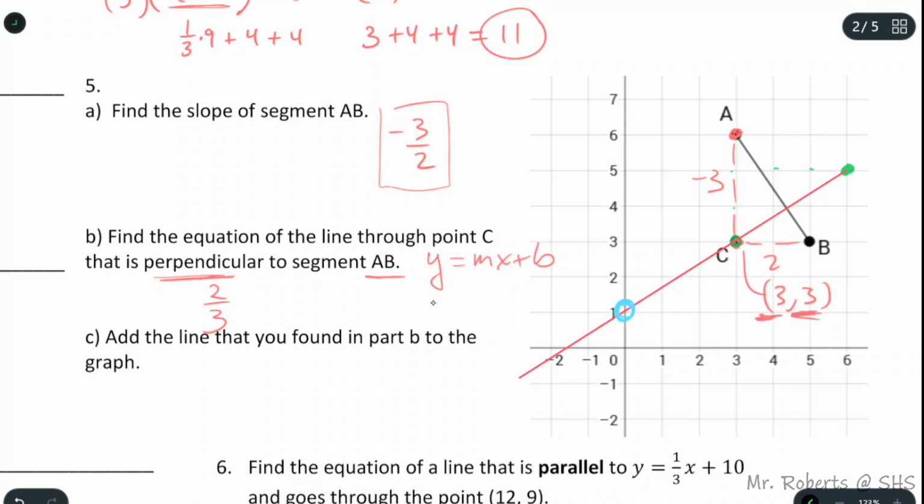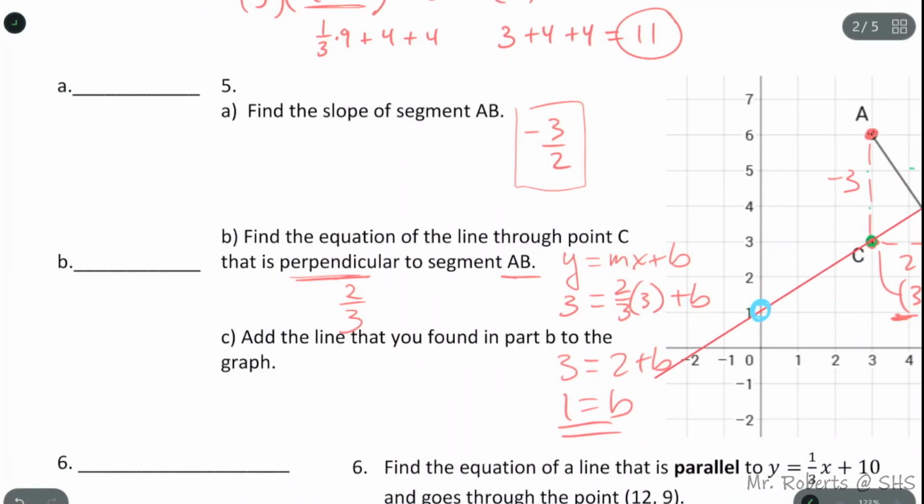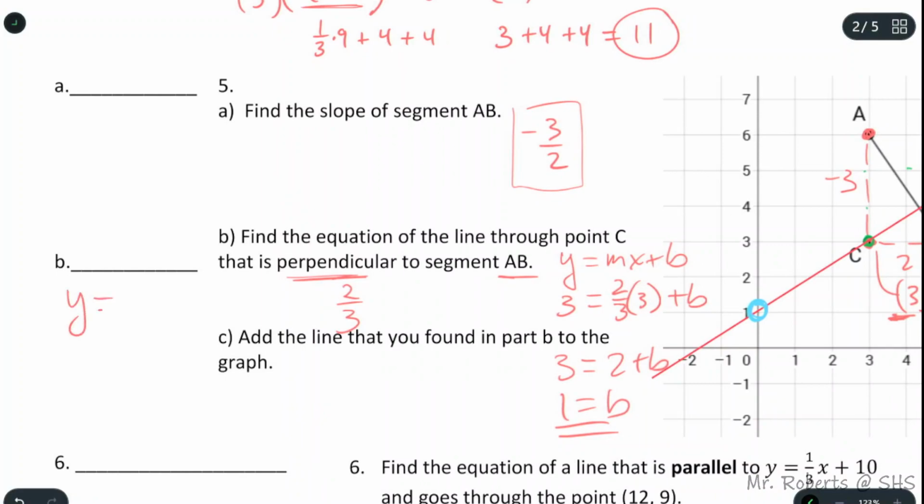So I can put in y is 3, and that equals 2/3 times x, which was also 3, plus b. 3 is equal to 2/3 times 3 is just going to be the number 2 plus b. And if I take away 2 from both sides, I get, yeah, my y-intercept is at 1. So the equation of this line is y equals 2/3 x, and then plus the number 1.